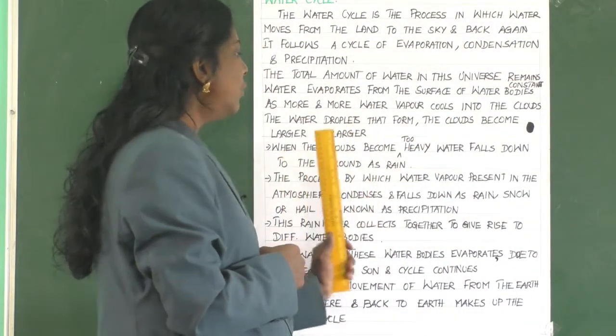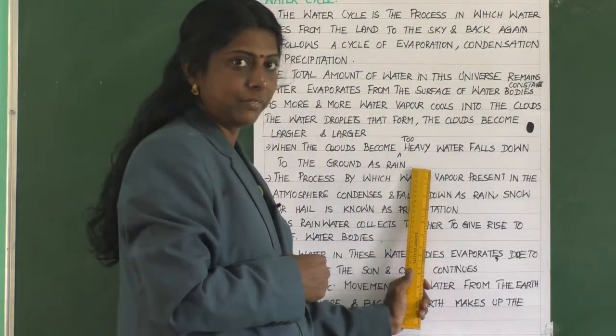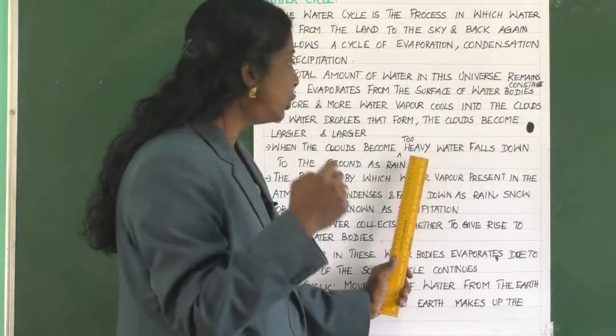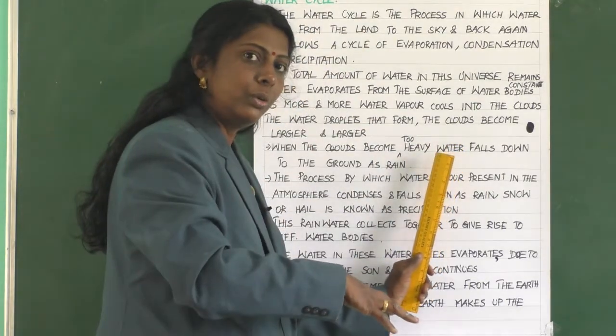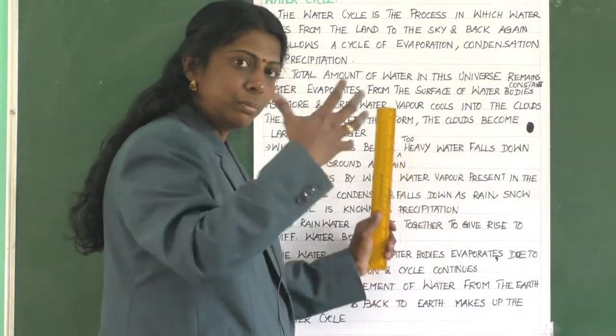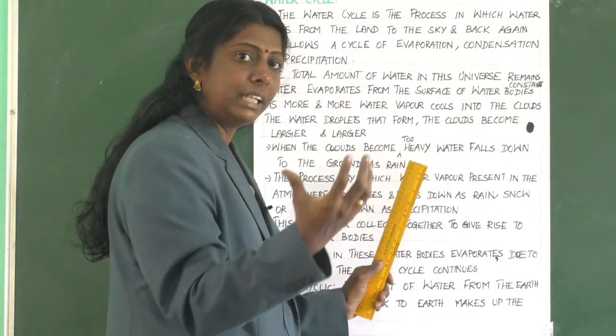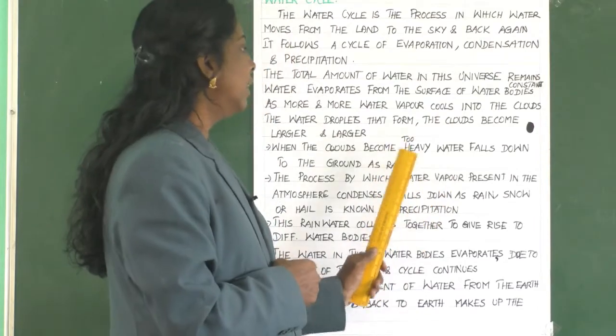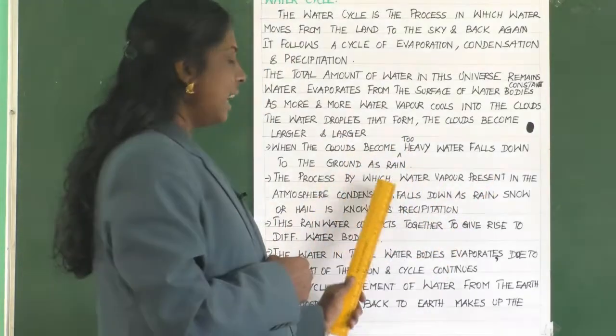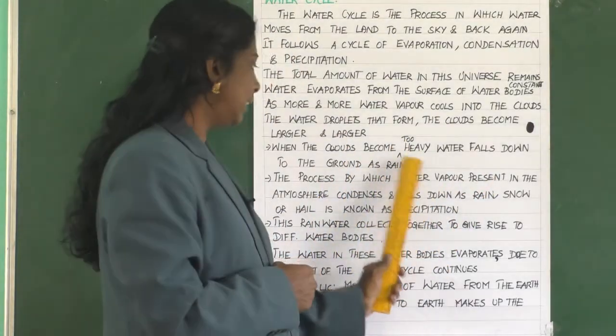Now, when the clouds become too heavy, water falls down to the ground. So once it becomes too heavy, automatically it falls down to the ground as rain. Clear, children? Yes.